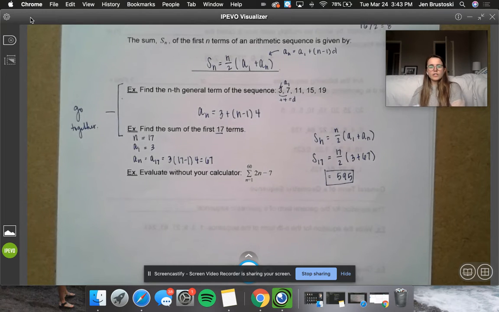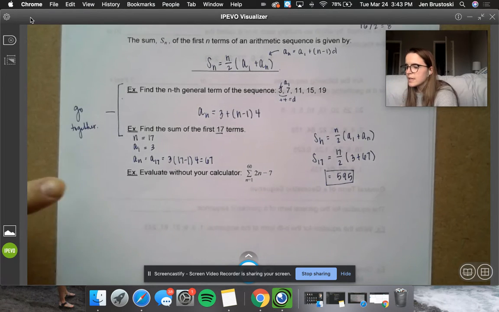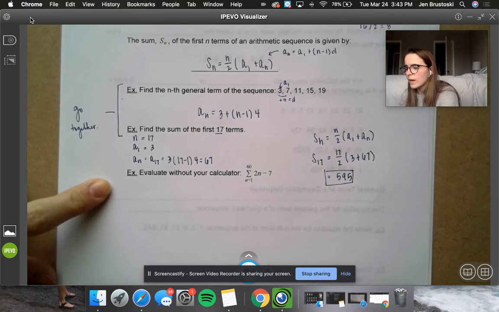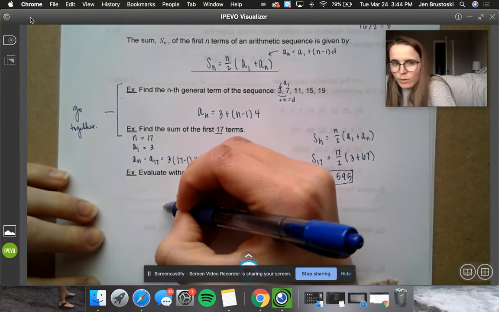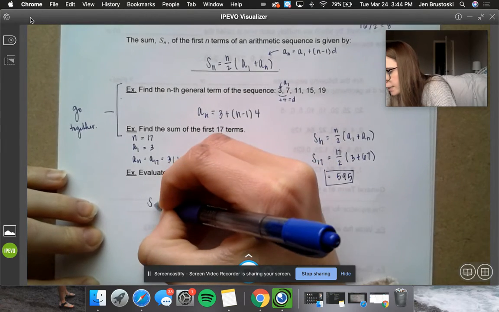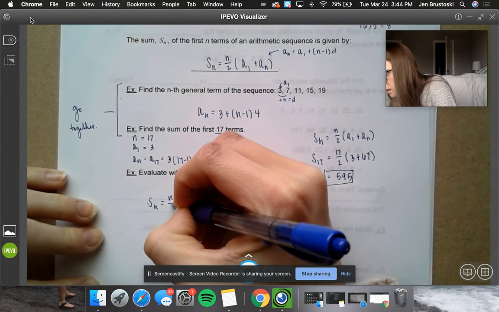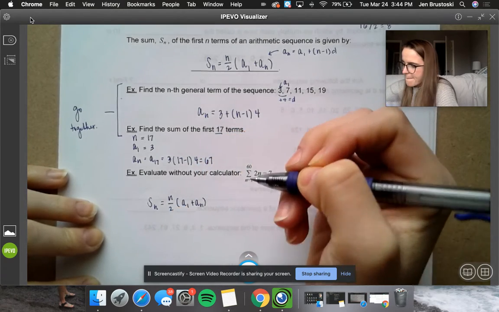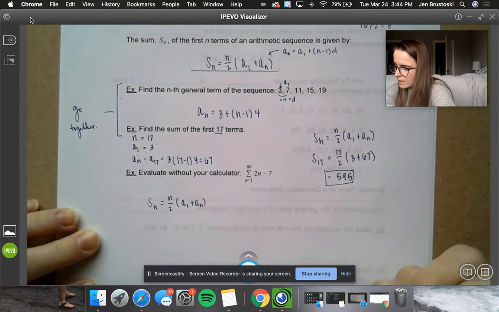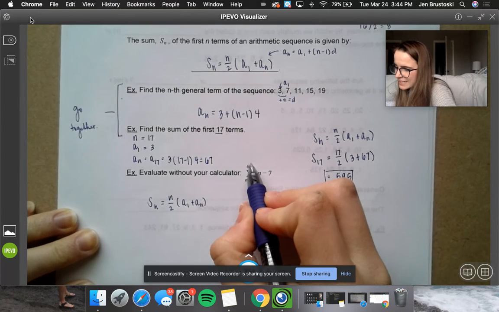All right, and then we're going to do one more, but our sequence is given to us in a different way. The sum is given in a different way. So it's the sum of 2n minus 7 from n equals 1 to 60. We're using the same equation. I'm going to write it again just for kicks and giggles. Our n is this 60 right here.